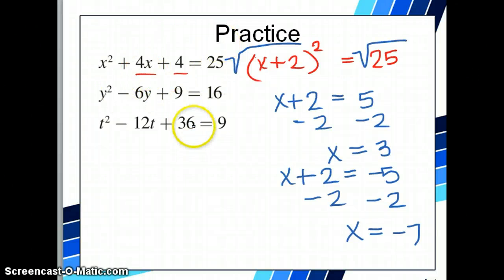So on the next two examples, I'm not going to solve the equation. I'm just going to look at how do we factor it. Okay, so I have what multiplies to 9 and adds to negative 6. Because we have that negative there, I'm going to start thinking about our negatives. So I could do negative 1 times negative 9. If I add those, though, negative 1 plus negative 9, that gets me negative 10. That doesn't work.